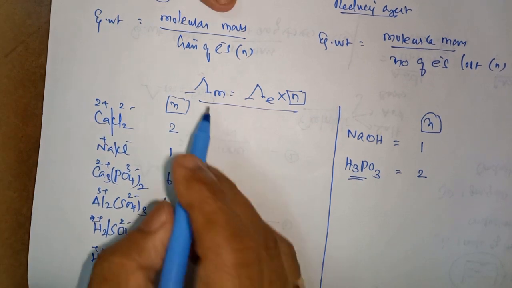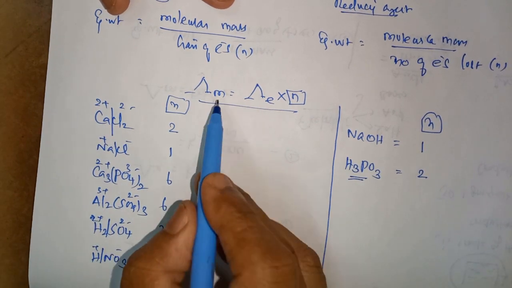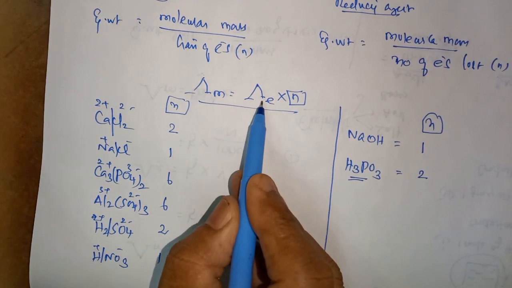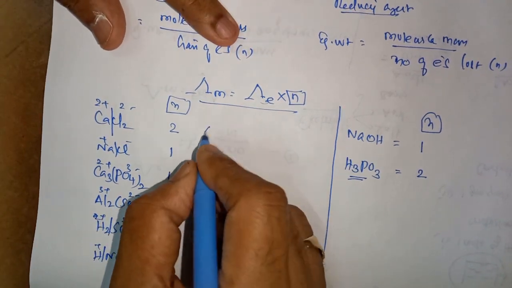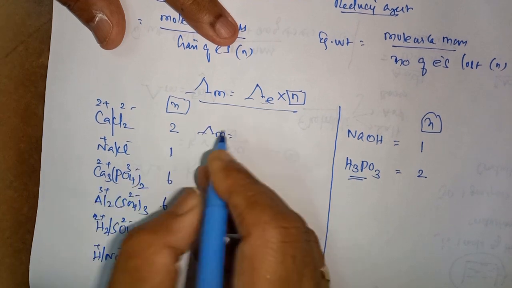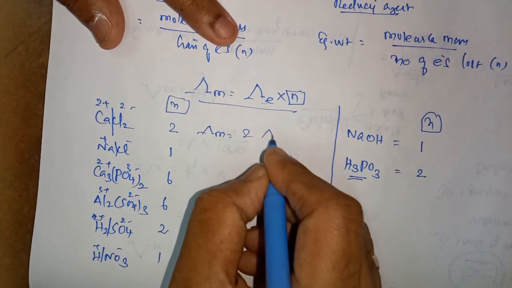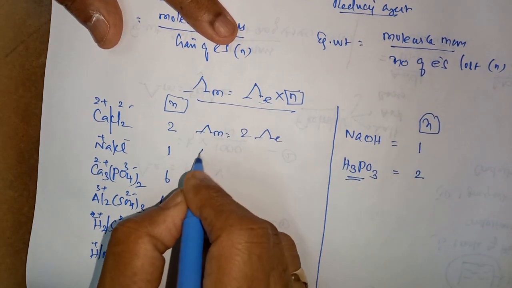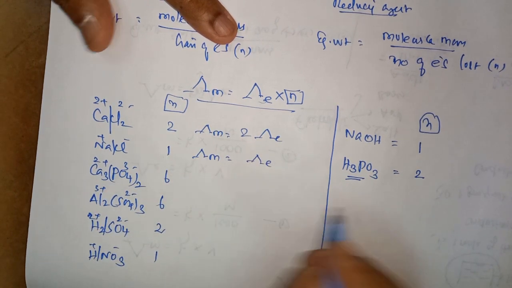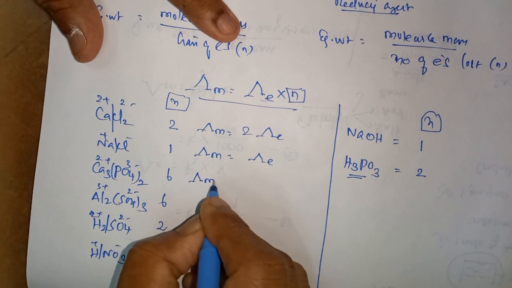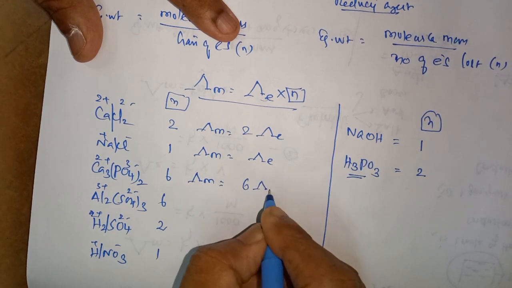Now I write how each electrolyte's molar and equivalent conductance are related. So molar conductance is equal to the n value 2 into equivalent conductance. Here molar conductance is equal to 1 into equivalent conductance. So molar conductance is the same. Here molar conductance is equal to 6 times equivalent conductance.